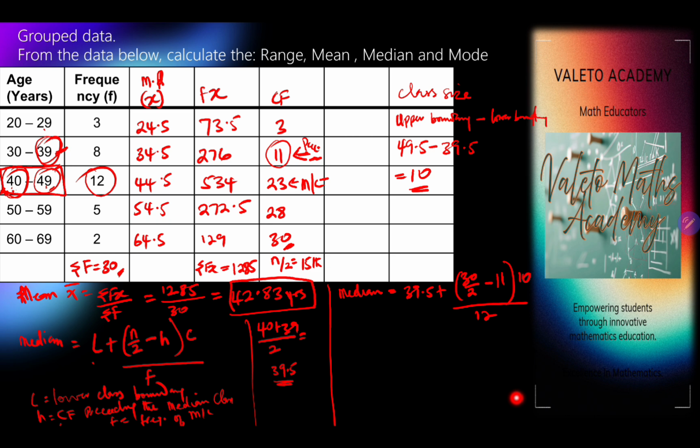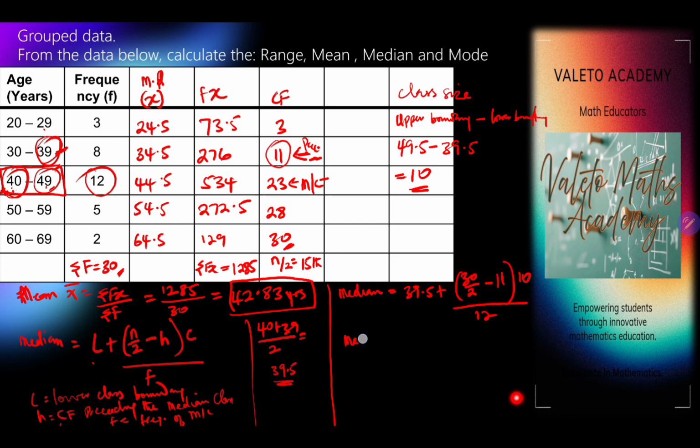So what is left now is arithmetic. We just need to simplify this. If we simplify what's in the bracket first, 30 divided by 2 will be 15. 15 minus 11 will be 4. 4 times 10 is 40. 40 divided by 12 gives us 3.33.